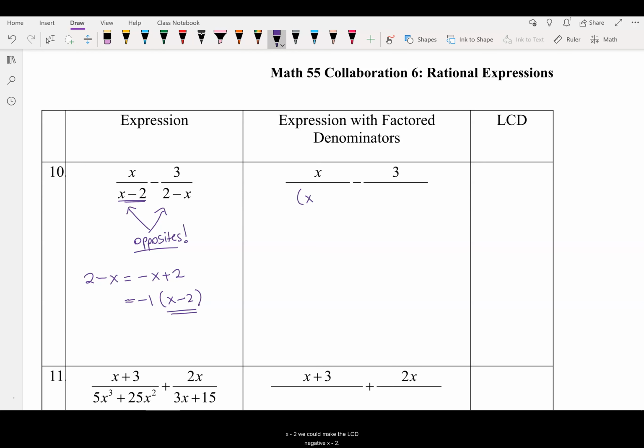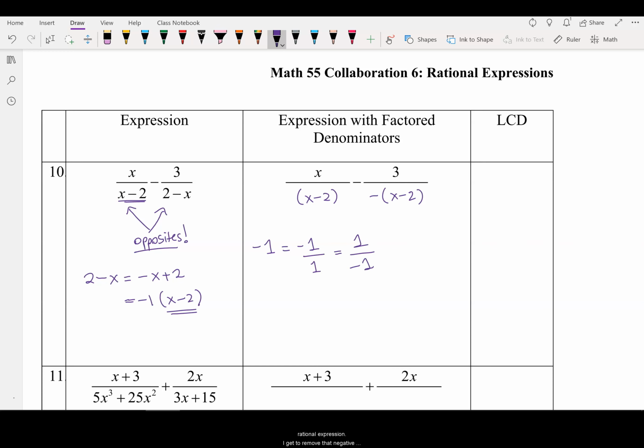So the first denominator will keep the same. The second denominator, we can write it as negative 1 times x minus 2. We could make the LCD negative x minus 2. But negative 1 is really an interesting number because if I have a negative 1 here, that's equal to having a negative 1 divided by 1, but that's also equal to a 1 divided by a negative 1.